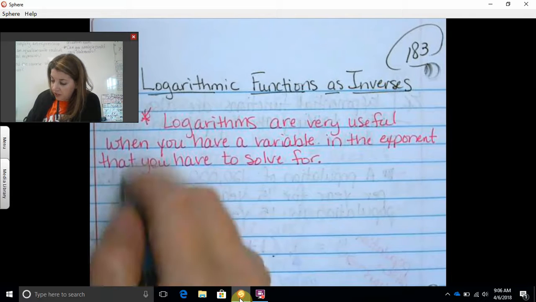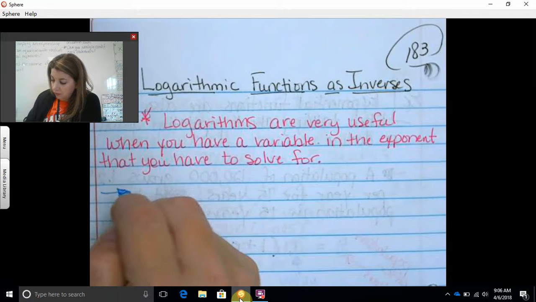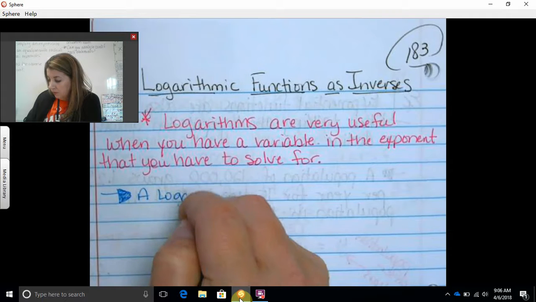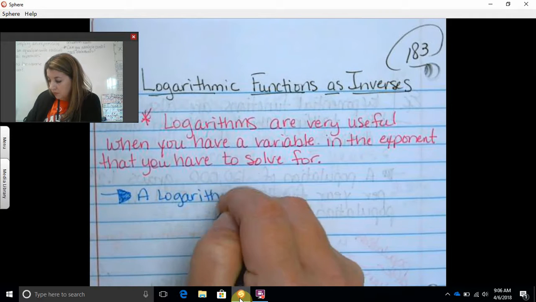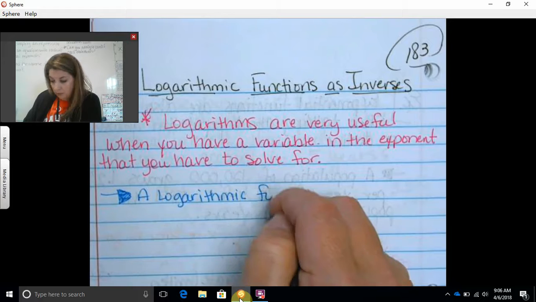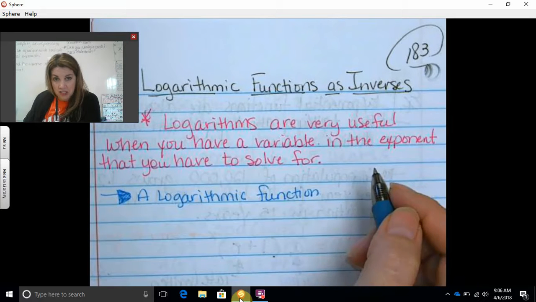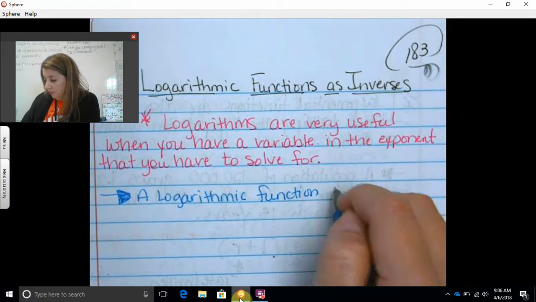A logarithmic function is the inverse of an exponential function.